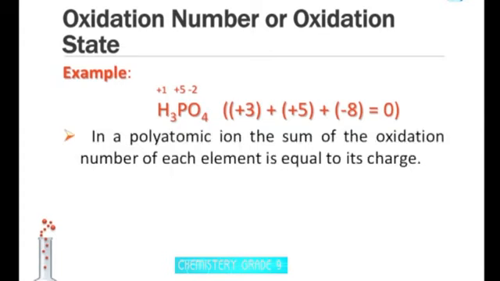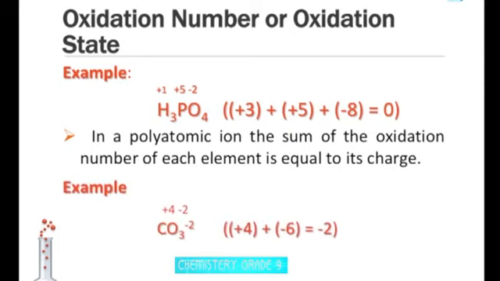Said again, in a polyatomic ion, the sum of the oxidation number of each element is equal to its charge. So here the carbonate is -2, so it all has to equal -2. We know the oxygen itself is -2, but there are 3 of them, so it's -6.